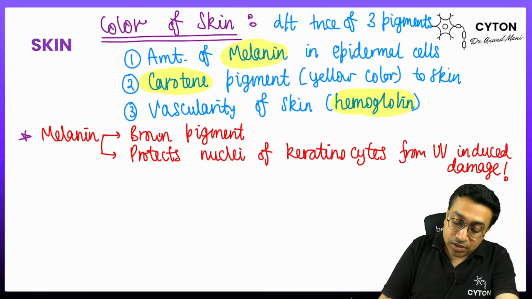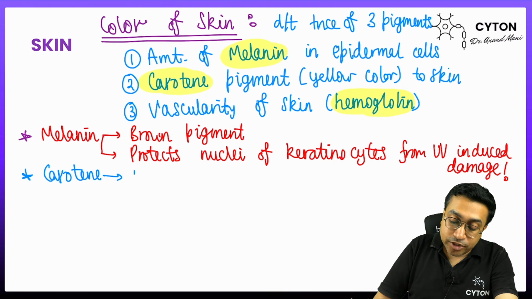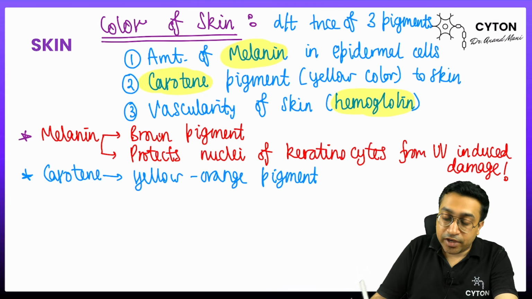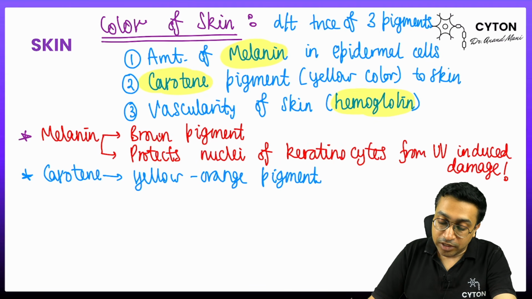Talking about carotene: about the hemoglobin you will read in detail in physiology and in medicine prof, the final year. This carotene is a yellow orange pigment.